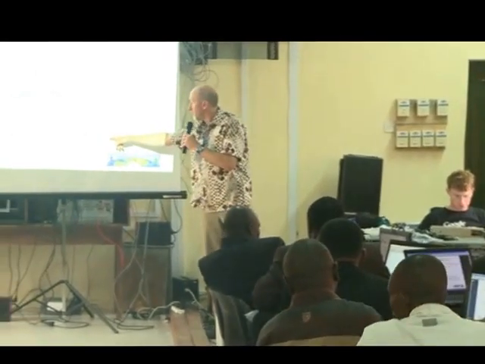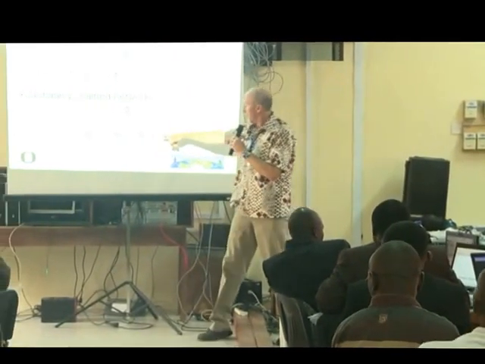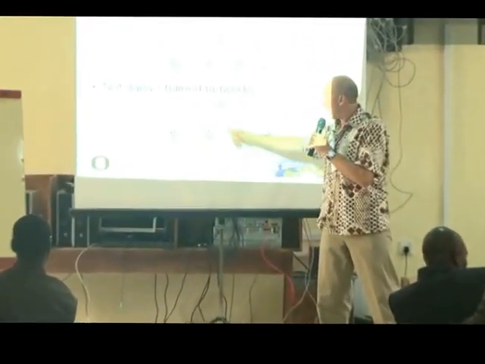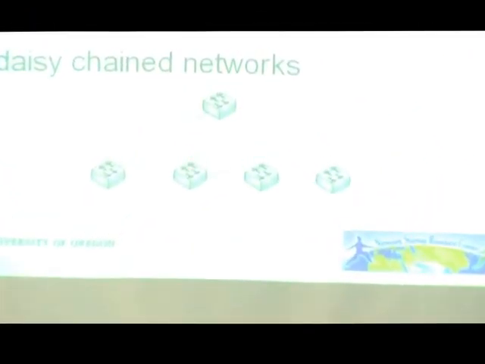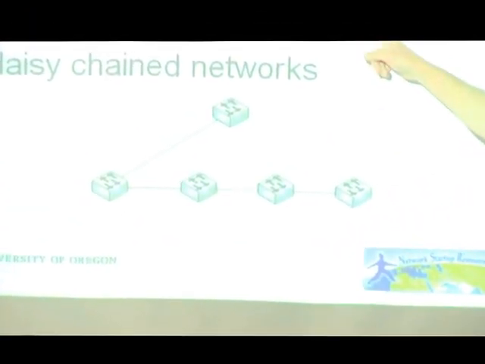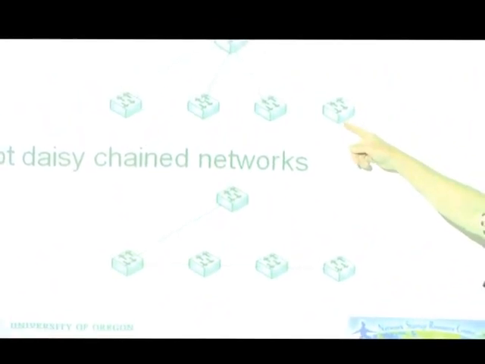If you're a user here, you depend on this and this and this and that working for this network to work. If you're the same user here, you're only depending on your switch and the aggregation switch to work.